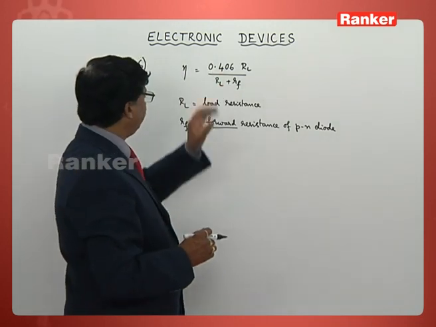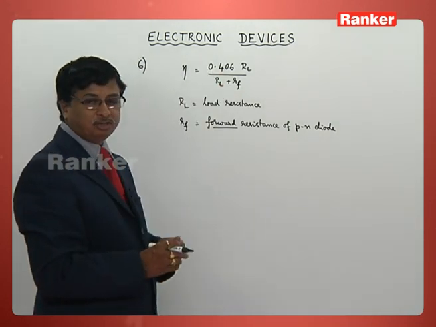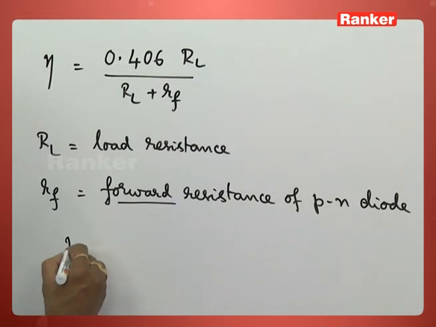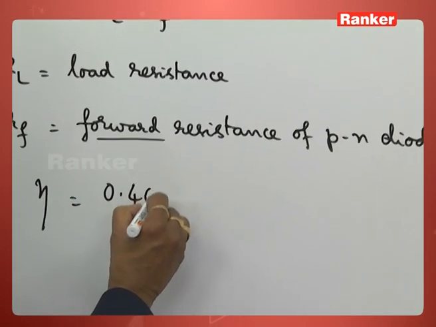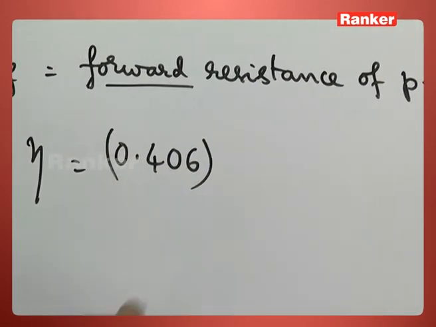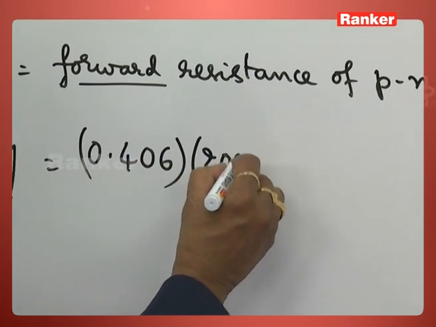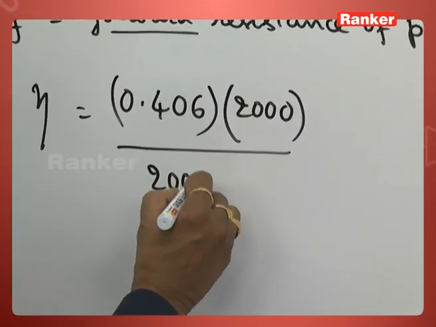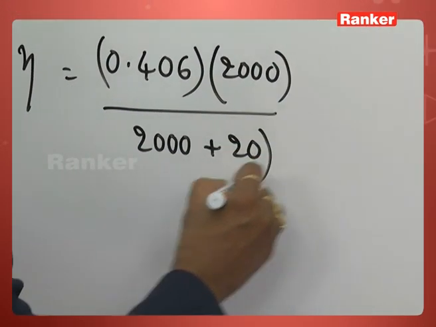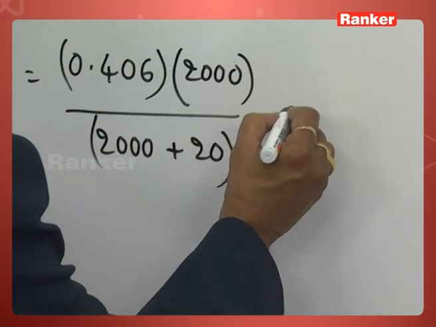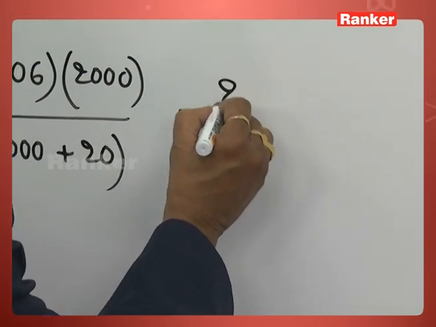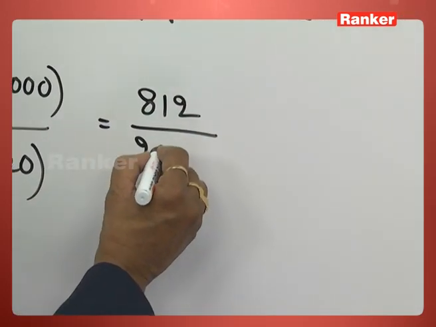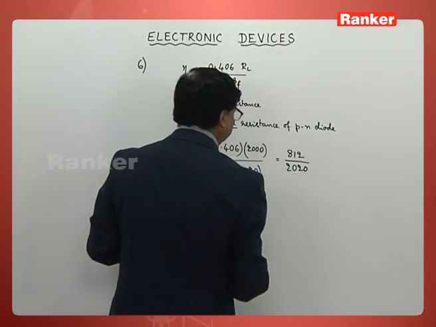Look at this equation first of all, and what are the values given? Load resistance is given as 2 kilo ohm. So eta can be written as 0.406 times 2000 by, RL is 2000 and RF is 20. So directly you can write this value as 812 over 2020.